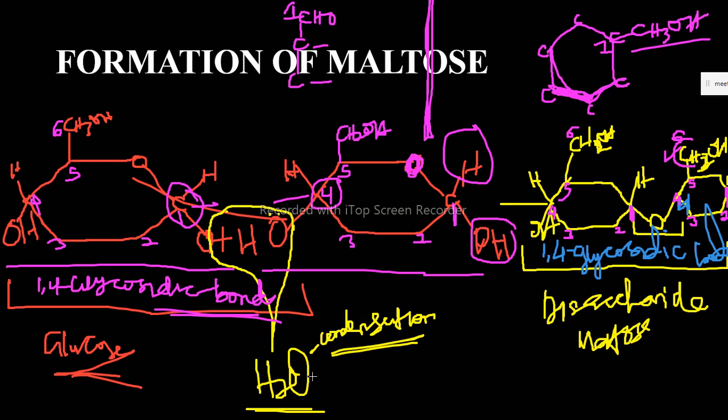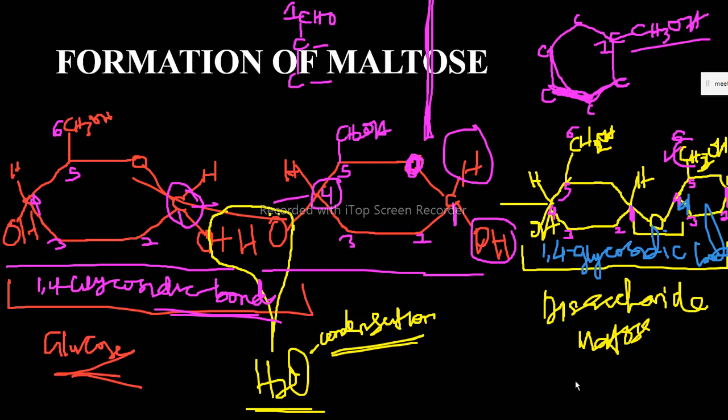If you are forming cellulose, same reaction. We are going to see the difference between starch and cellulose, but it is the same reaction. Condensation. Forming glycogen, in other words. If you understand this concept, then you'll be good to go.